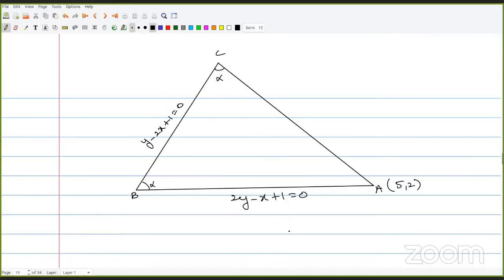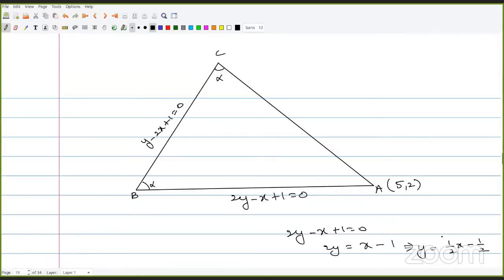So what will be the slope? I have the equation with me: 2y minus x plus 1 equals 0. So 2y equals x minus 1, which implies y is equal to half x minus 1/2.